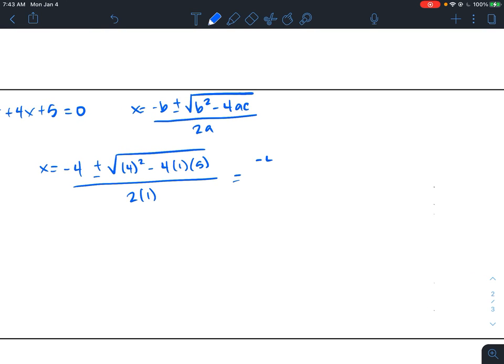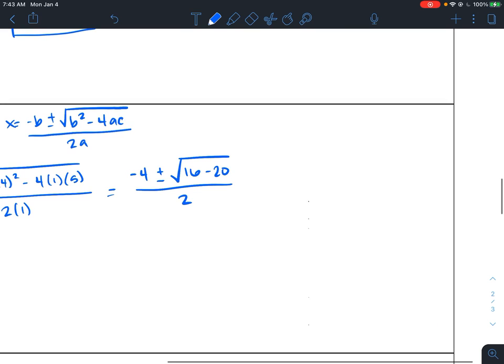So let's simplify the discriminant first. So negative 4 plus or minus. So 4 squared is 16. Negative 4 times 1 is negative 4, and negative 4 times 5 is negative 20, all over 2. So negative 4 plus or minus the square root of 16 minus 20, which is negative 4.